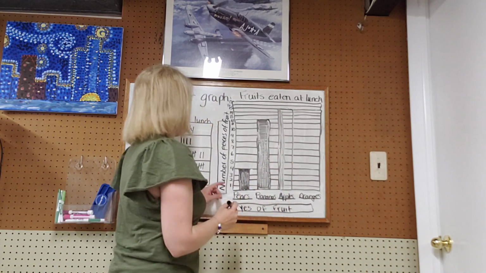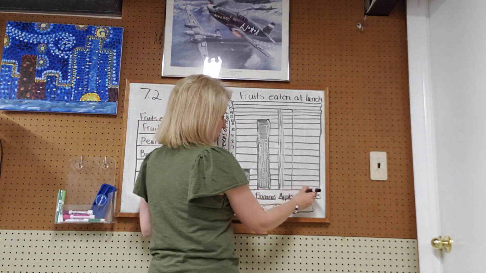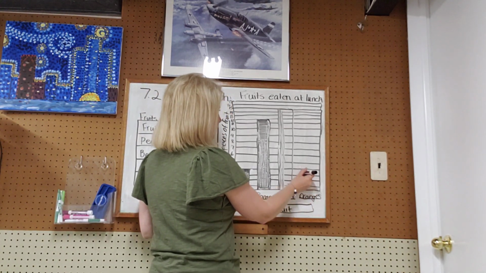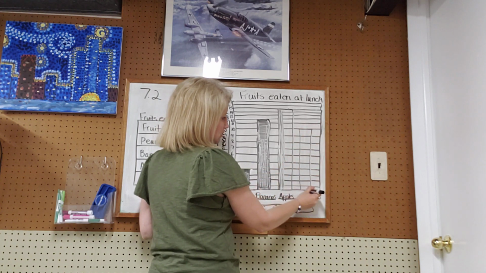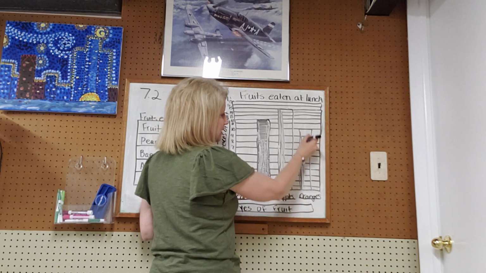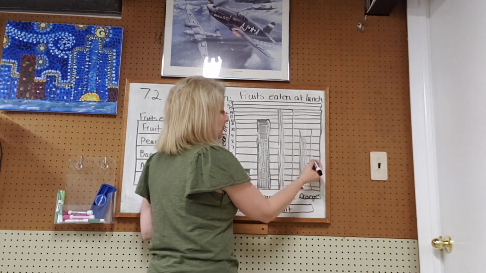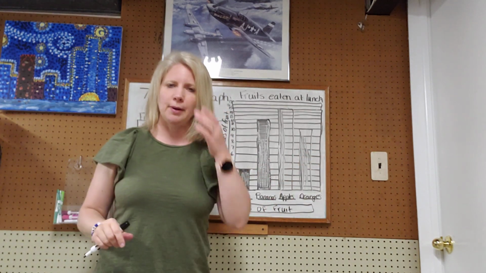I'm not going to sit here and have you watch me do that. Oranges, number 10. Start at 0 and you go all the way up to 10. Then make your rectangle and then fill this all in. My marker's running out and I won't have you just watch me fill in the bars, but that's how you do it.